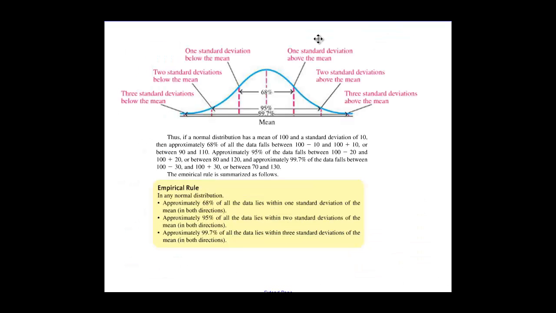So let's look in a little more detail at that normal curve. Here we've got the normal curve and what we call the empirical rule, which says that under that curve, and remember that the middle here would be the mean, approximately 68% of all the data lies within one standard deviation of the mean in both directions.